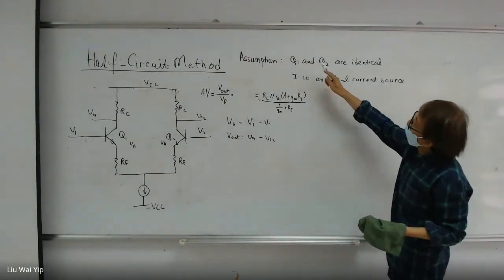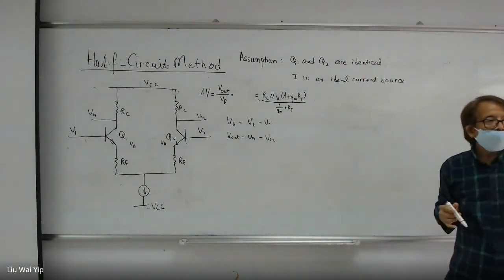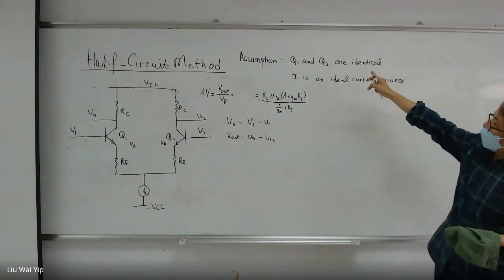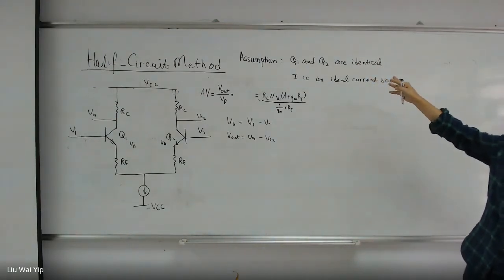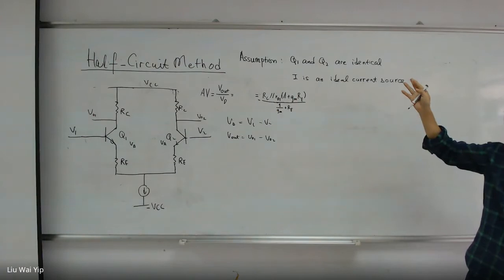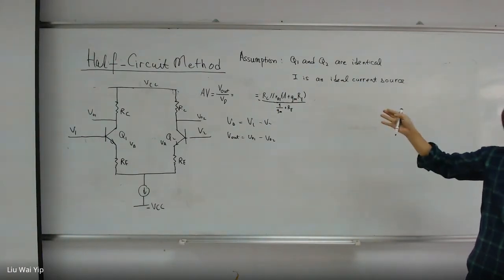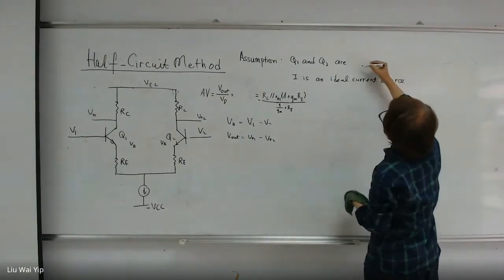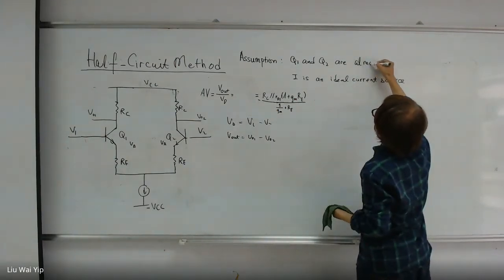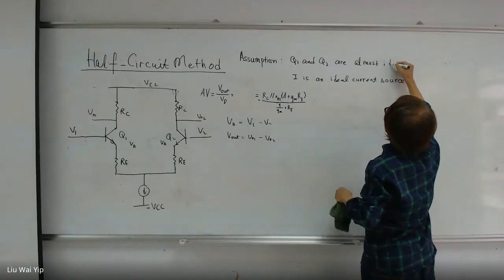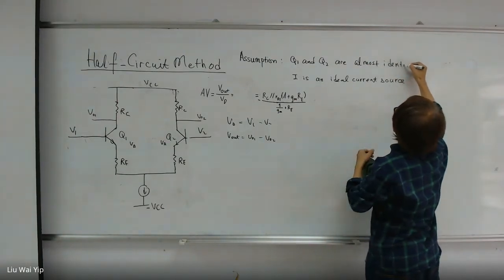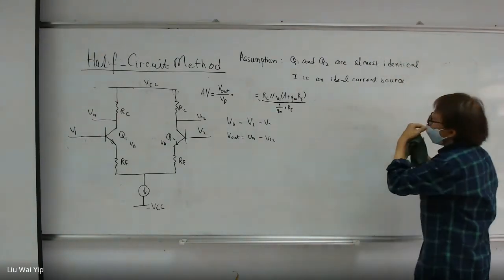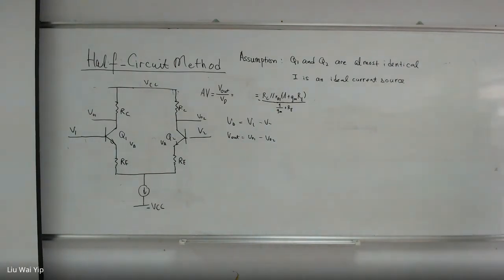Again, I've shown Q1 and Q2 are almost identical. So we are going to revert our assumption. We are now dealing with common mode, so almost identical, and the current source here is almost ideal.